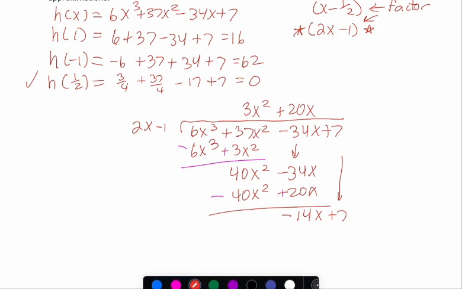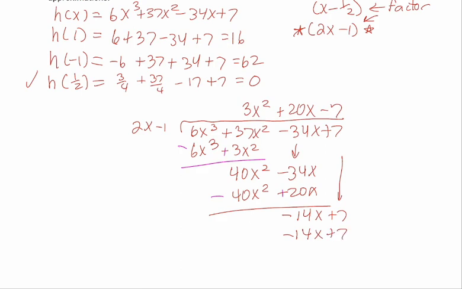We are guaranteed we should be getting a 0 remainder because that's what should work. And if you don't, check over your work. Okay, so now what times 2x would give me negative 14x would be negative 7. We're distributing. We get negative 14x plus 7, but we are subtracting.